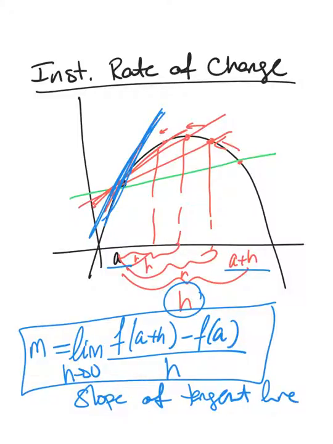So let's do an example. Let's see. Start out simple. Let's say I want to figure out the slope of the function x squared at x equals 2.